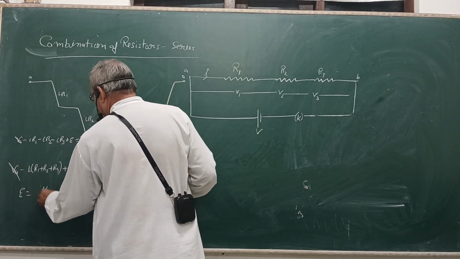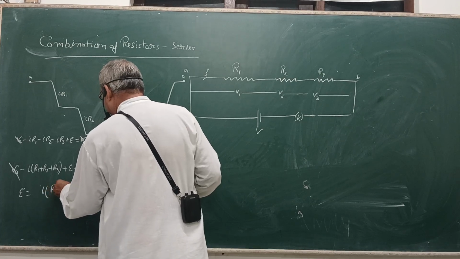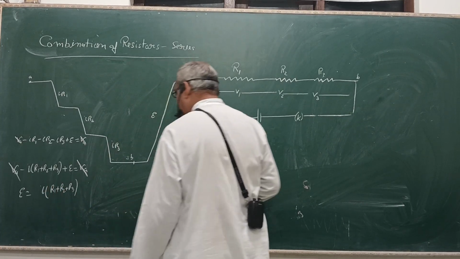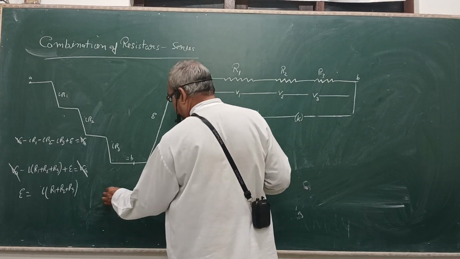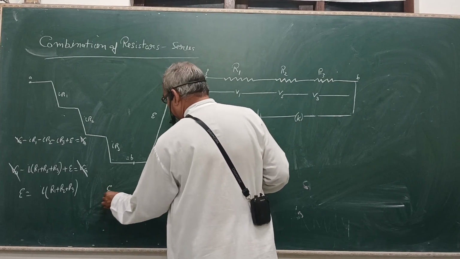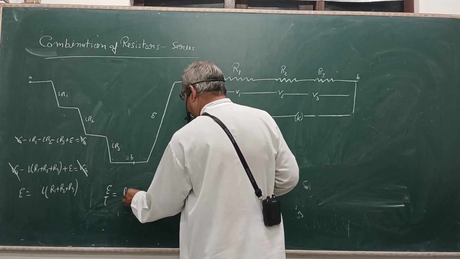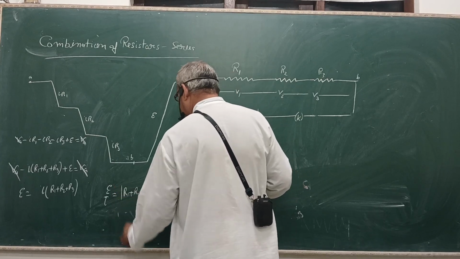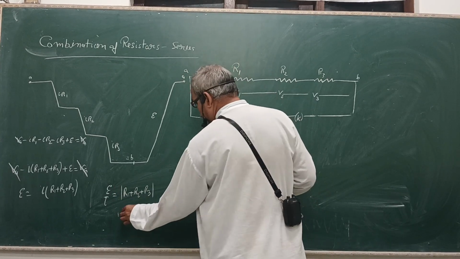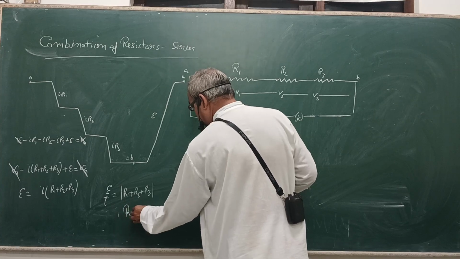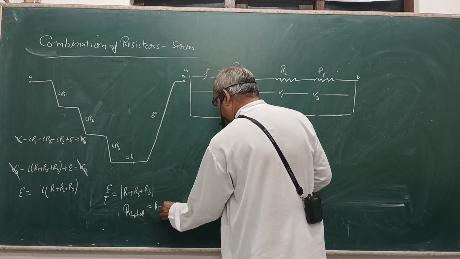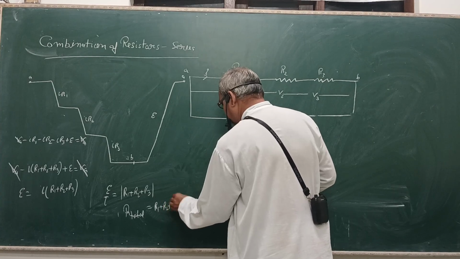E is equal to I(R1 plus R2 plus R3). This is the total potential E; E divided by I is equal to R1 plus R2 plus R3. This is the total resistance: R is equal to R1 plus R2 plus R3.